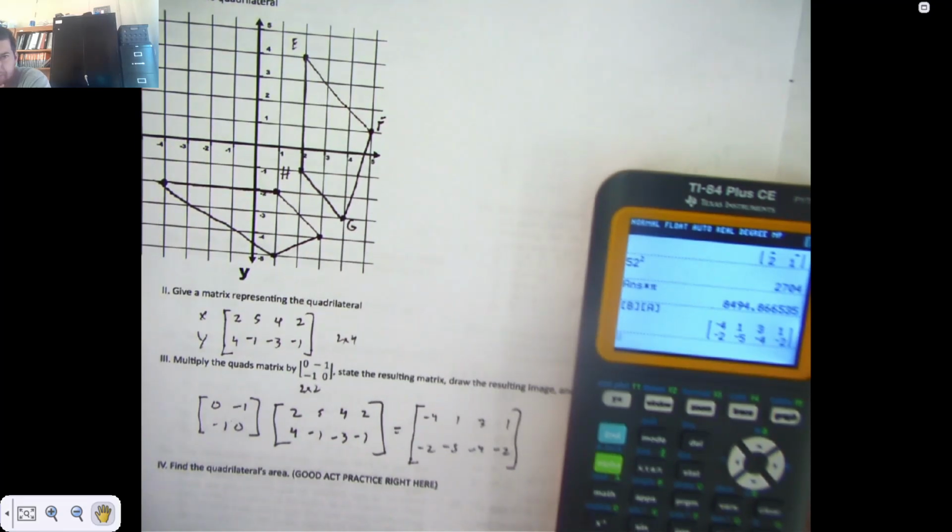What happened? It says draw the resulting image and state the transformation. What happened? The real question is, how do we need to describe it?